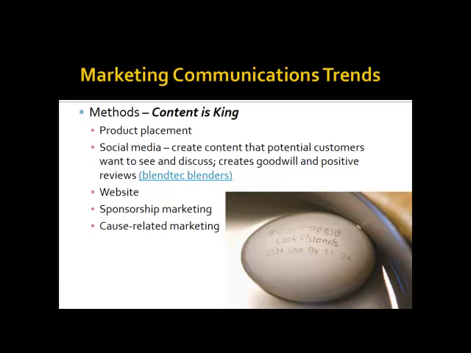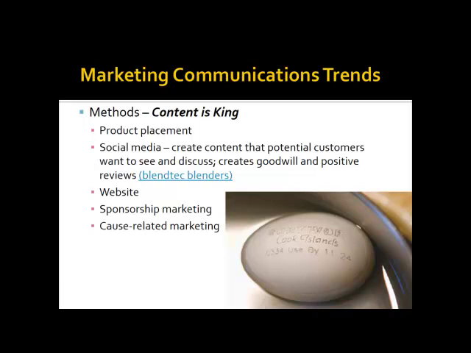One of the earliest forms is product placement, paying to have your brand in a TV show or a movie or even a book or a song, like that egg down there. Right? Social media. Social media gives marketers the ability to create communities. Think of all the YouTube channels and all the videos out there. It gives you a way to show how customers use your brand in a positive way and to help generate positive reviews.